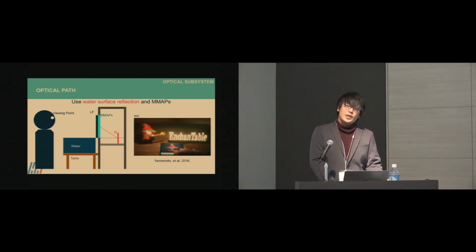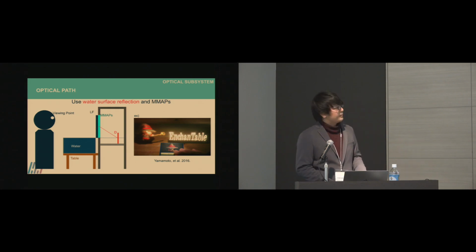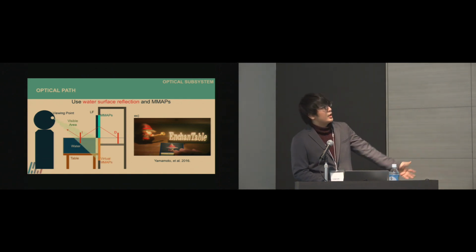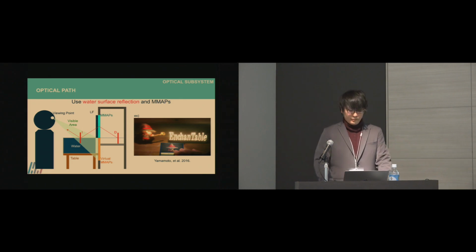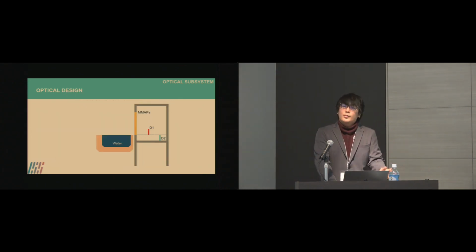The user can see the mid-air image reflected on the water surface like this. And the visible area is the green colored area in the figure. To form a mid-air image under and on the water, the image requires two different optical paths.